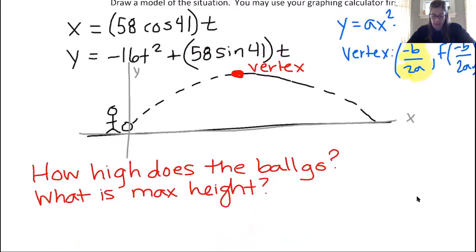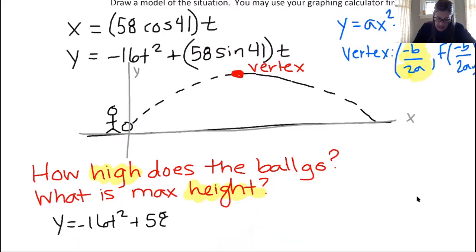So if we're thinking about max height, or how high does the ball go, that has something to do with our y equation. So I'm going to be working with the y equation on this one. Y equals negative 16t squared plus 58 sine 41t.